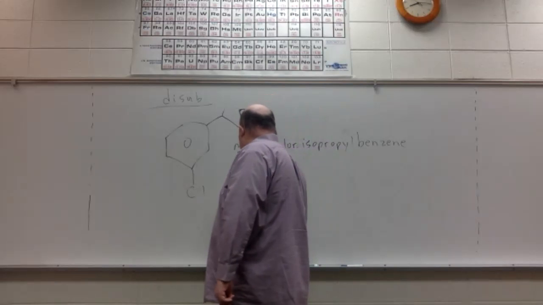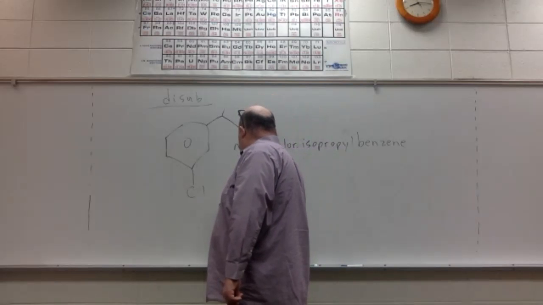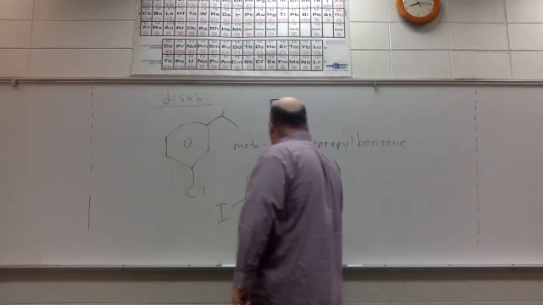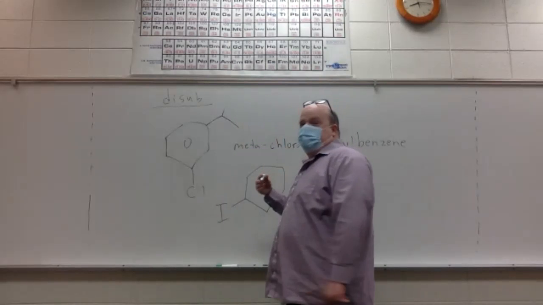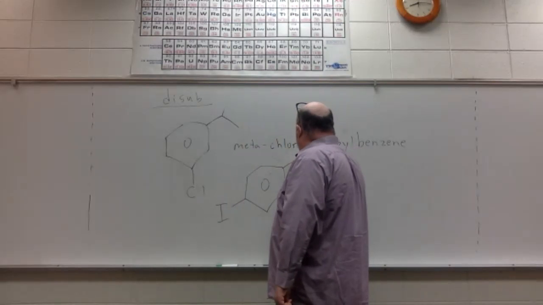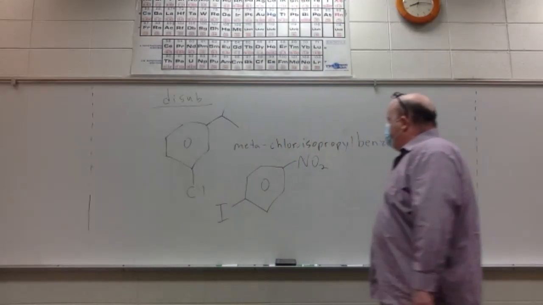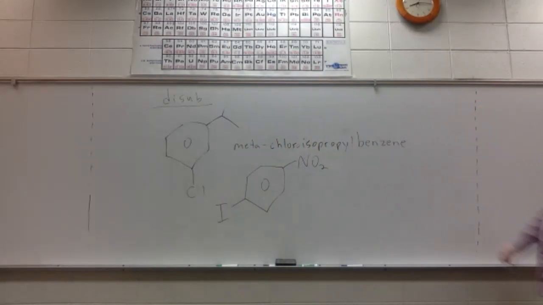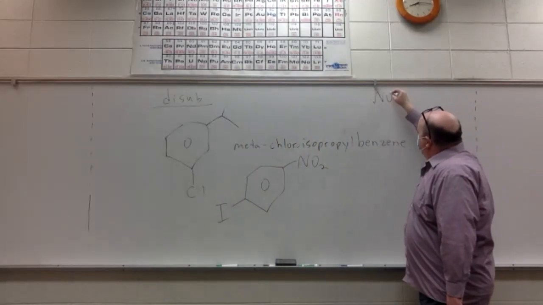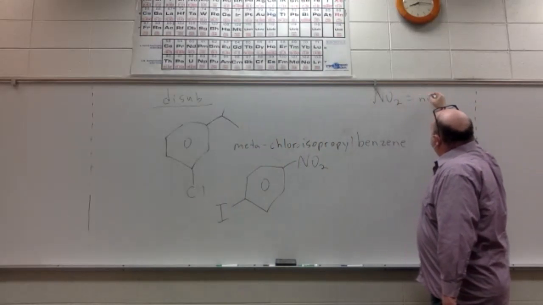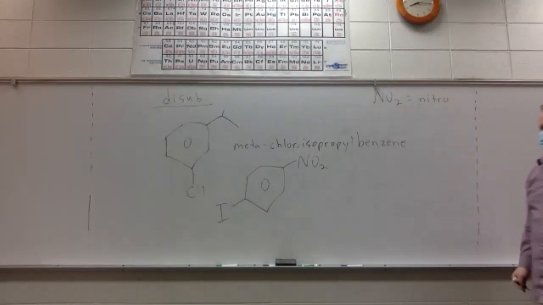I want to show you a new substituent, one we're going to see quite frequently in the next chapter. NO2. An NO2 group is called a nitro group. So what's the positioning here?